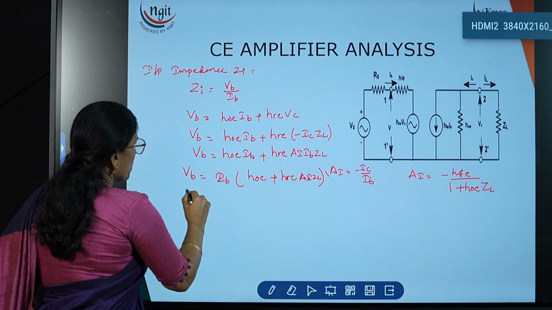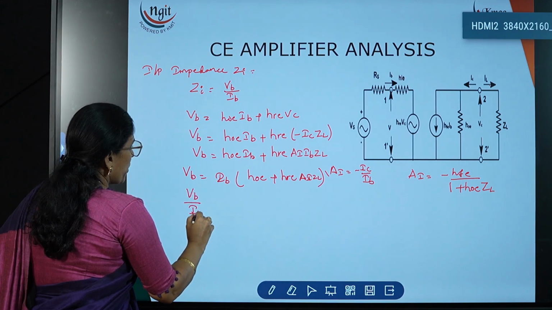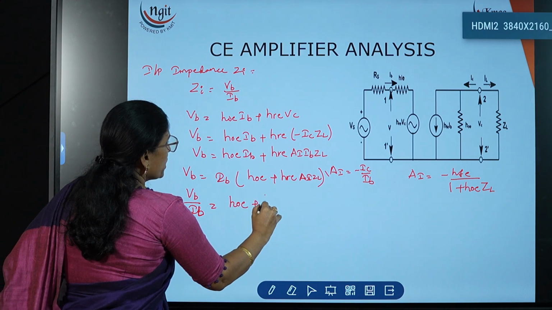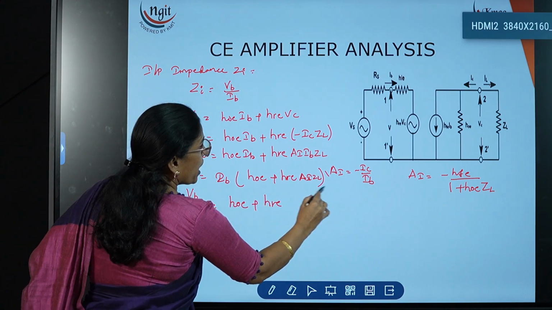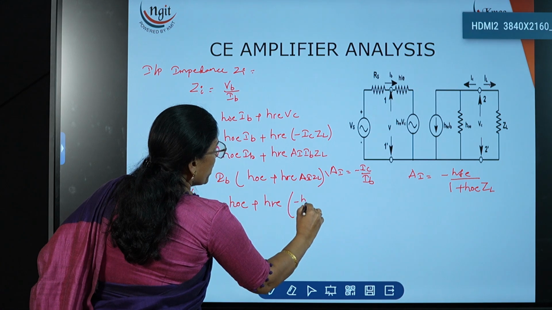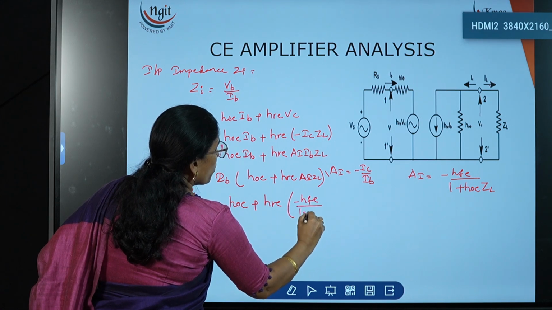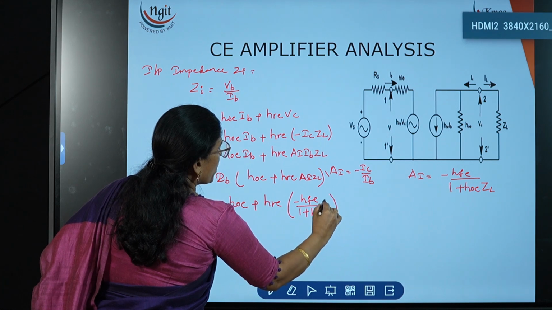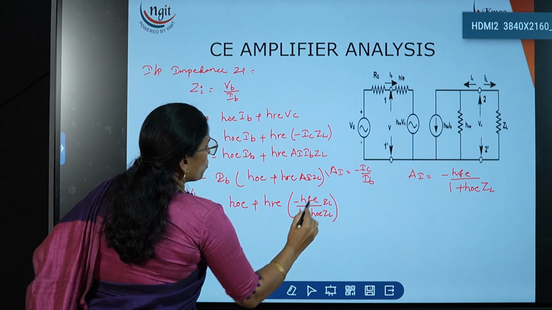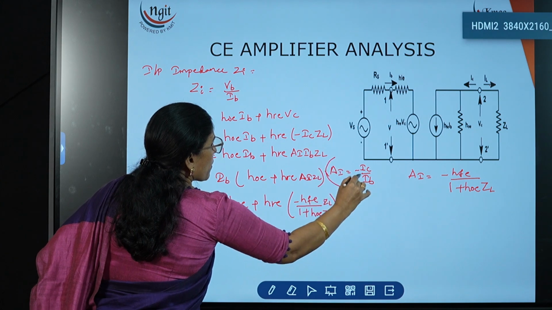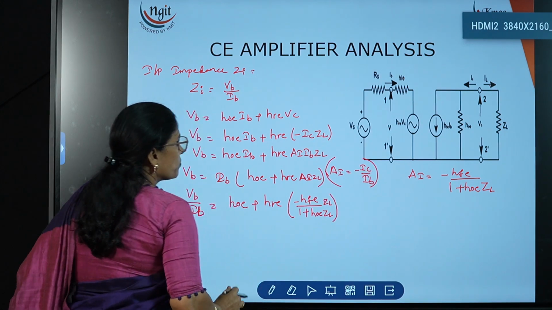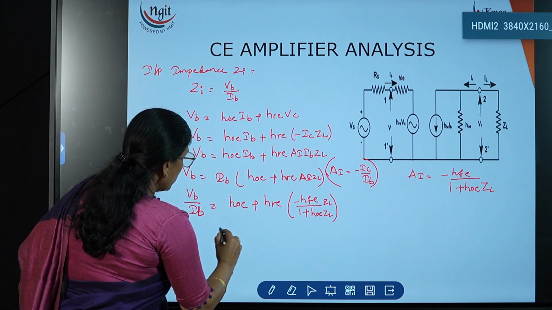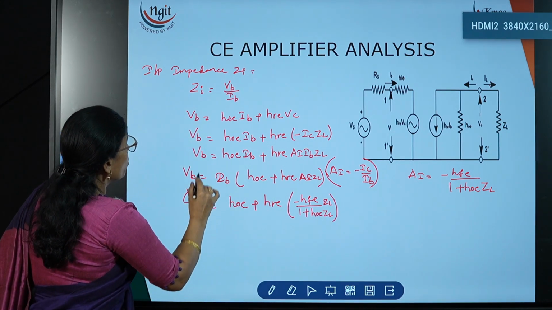So VB divided by IB is HIE plus HRE AI ZL. Now what is AI? AI is equal to minus HFE divided by 1 plus HOE ZL, and here also one more ZL is there. Now from this, if I take ZL out, what can I write for VB by IB?